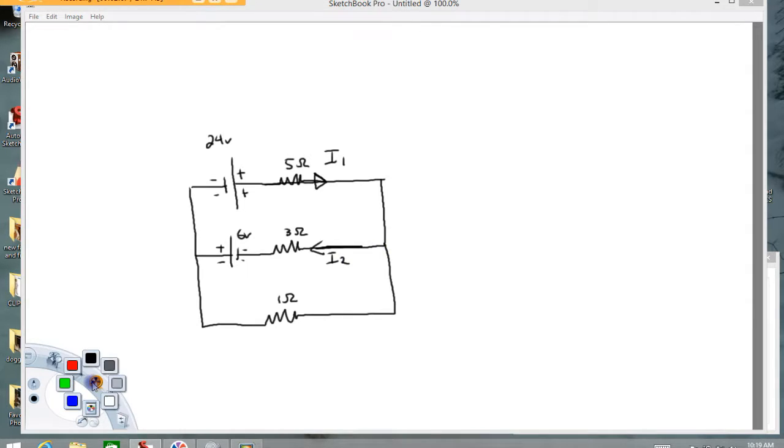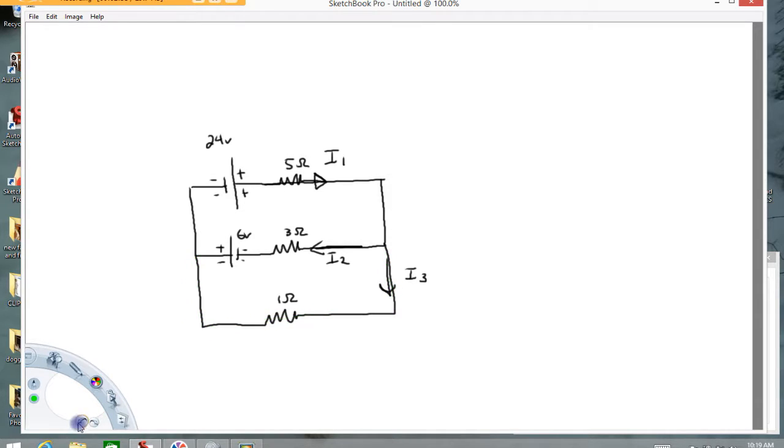And I2 will be good anywhere in this region. Next, we have to deal with this region. We're going to have another current here. I'll draw a current which I believe will be in the following direction. Call that I3, where the value of I3, whatever it is, is good anywhere in this branch, right up to that point.